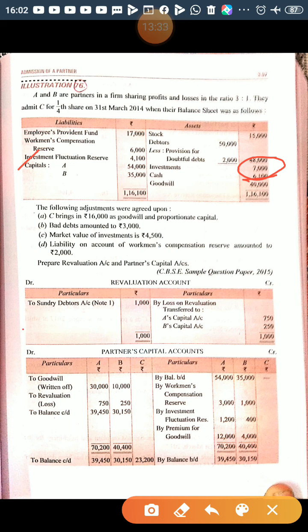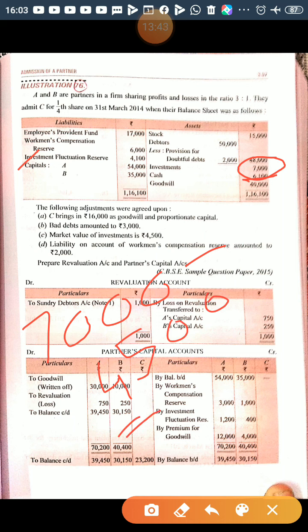So 7,000 minus 4,500, the difference is 2,500, right? So there is a fall in the price of investment of 2,500.